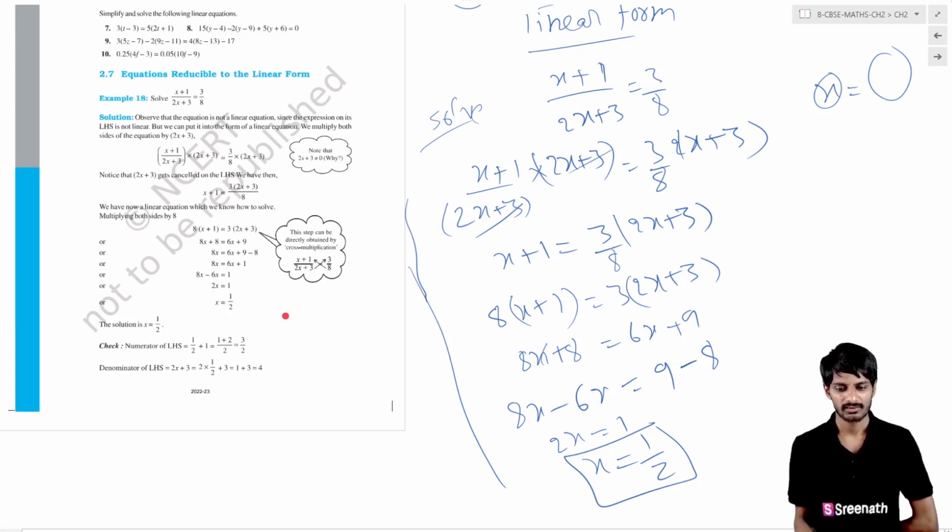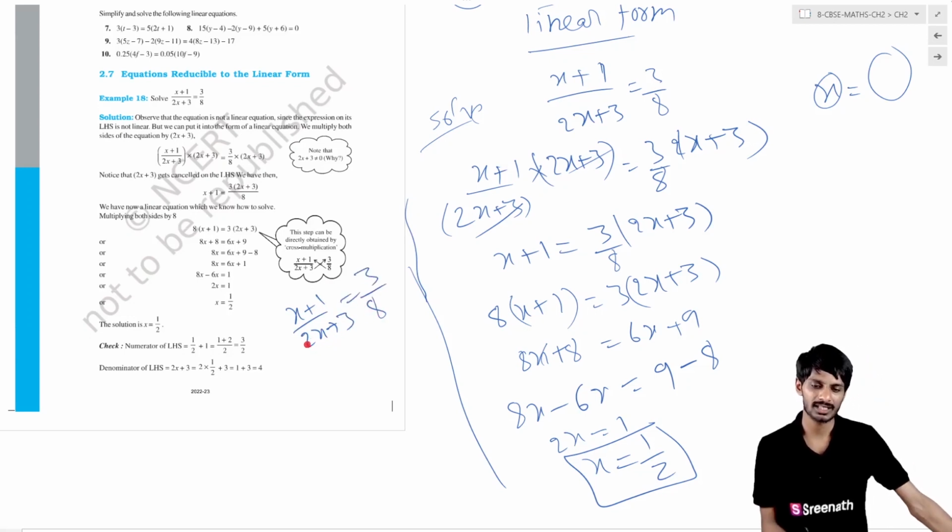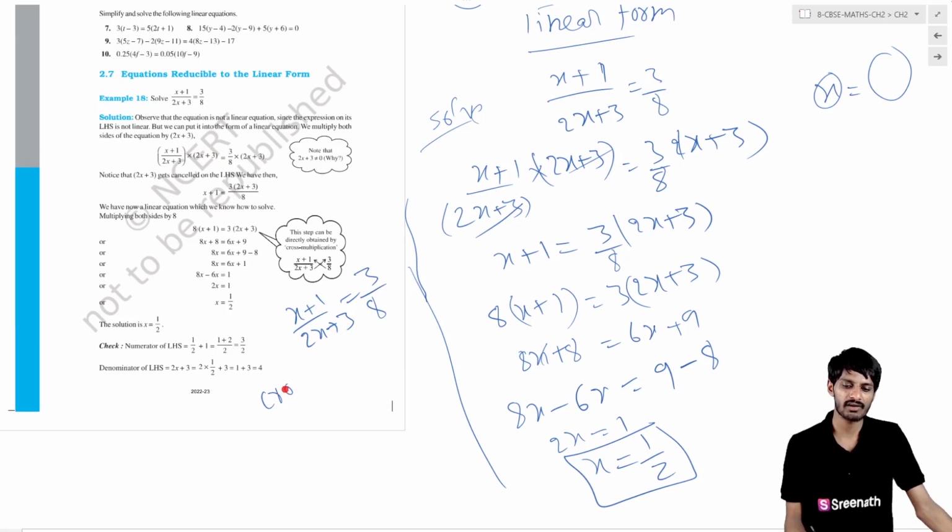What is the other method? x plus 1 by 2x plus 3 is equal to 3 by 8. What is the simple method? We introduce the method of cross multiplication. What is cross multiplication? The term which is dividing here, if you want to transpose it to the right side, it will multiply on the right side.